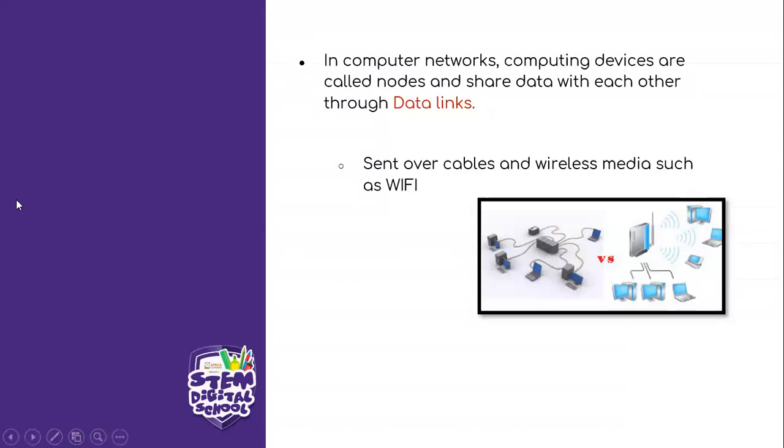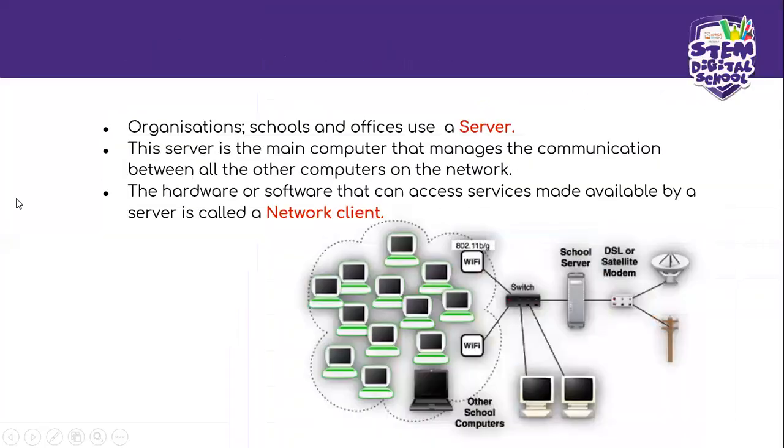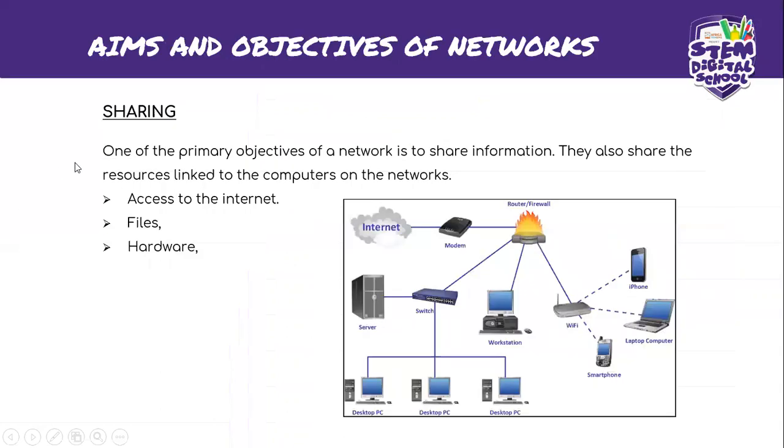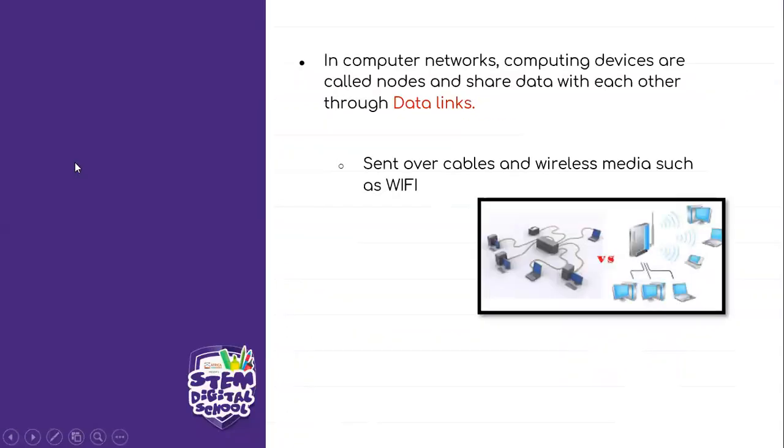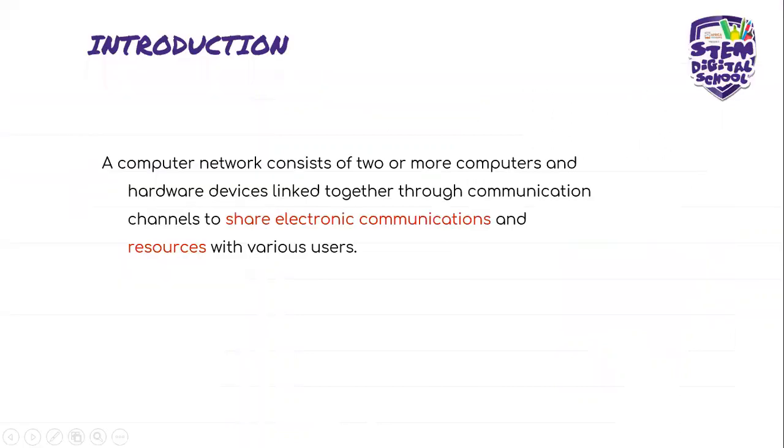Let's go back to our introduction. A computer network, we said, consists of two or more computers. When two or more computers are connected to the same devices, that is called a network. Sometimes in a school computer classroom, there's one computer which we call a server.